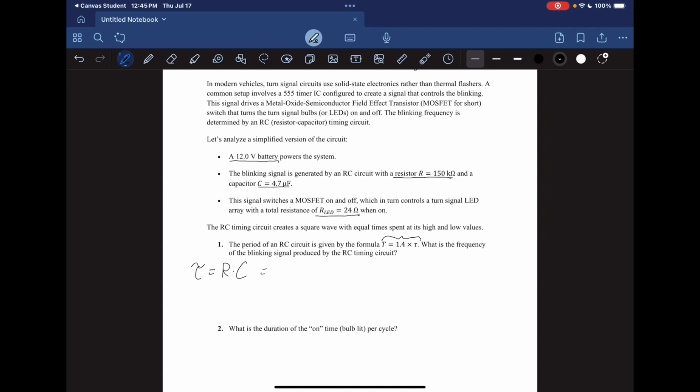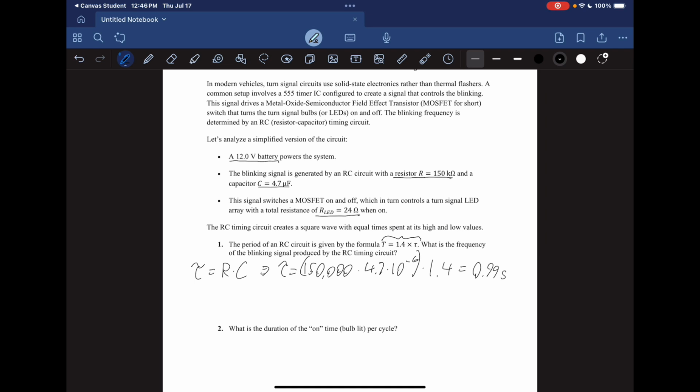So we have tau equals 150,000 times 4.7 times 10 to the negative 6. And then remember, this whole thing is multiplied by 1.4 to give us our period. So we're going to do this, and then times 1.4, and that equals our period T. I've already plugged this into the calculator, and we get our period equals 0.99 seconds.